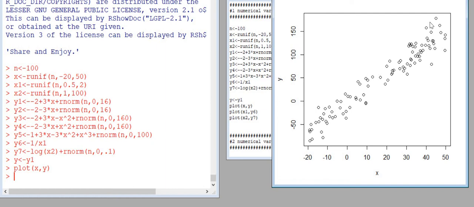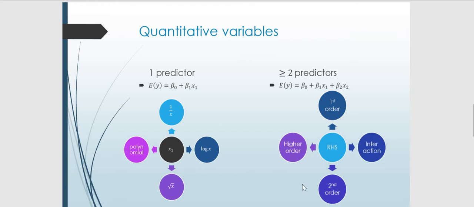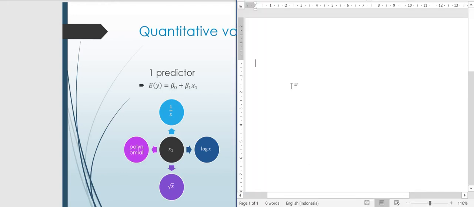If you get this kind of trend here, what function do you think is suitable to represent the relationship between these two variables? This is just a straight line, right? Okay, so in this case, I will propose my model is just expected of y equals beta naught plus beta 1 x1.